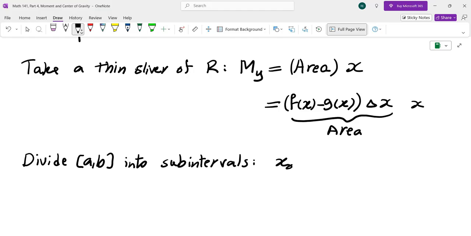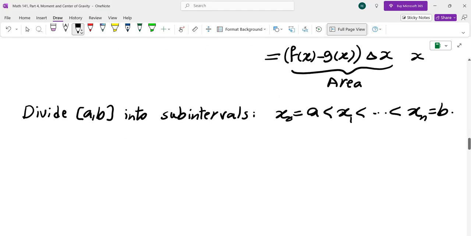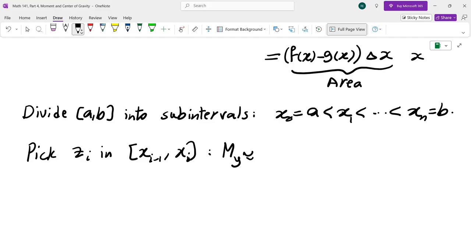So x0 is a, x1 all the way to xn is b. And then what you do is you pick, similar to what we have done before, z_i inside [x_{i-1}, x_i].